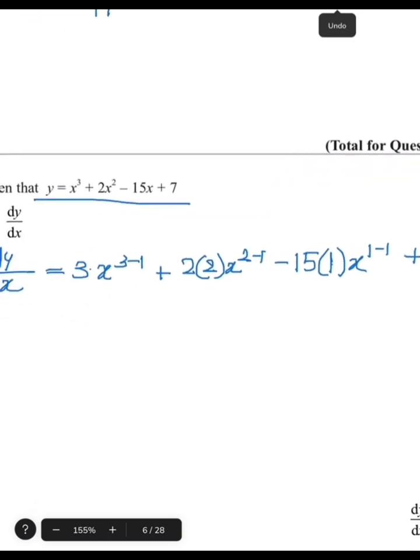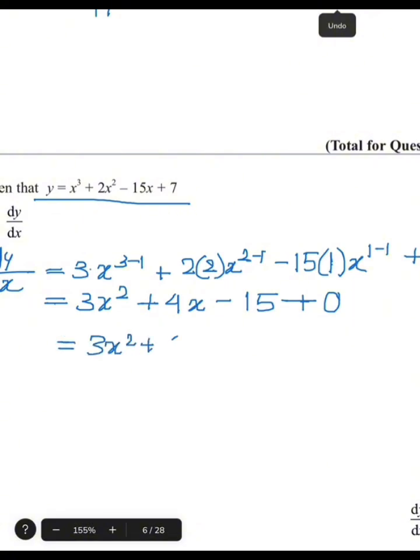You can do it in one step actually, but I'm just showing it in case anyone doesn't know how to solve it. Minus 15 plus 0. So the answer will be 3x squared plus 4x minus 15. That's it.